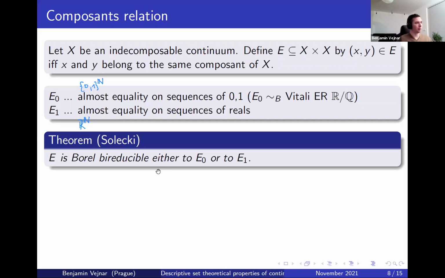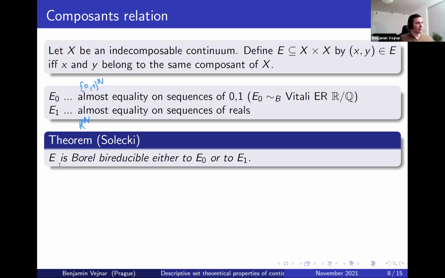Well, actually, his proof is based on two facts. One of them is that the relation E is of type F sigma. Yesterday we proved that every composant is of type F sigma, meaning a countable union of closed sets. And to prove that this equivalence relation E is of type F sigma, it is just the same idea. It can be proved completely analogously.